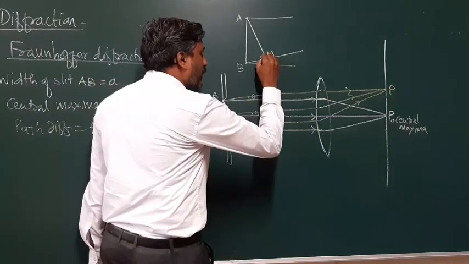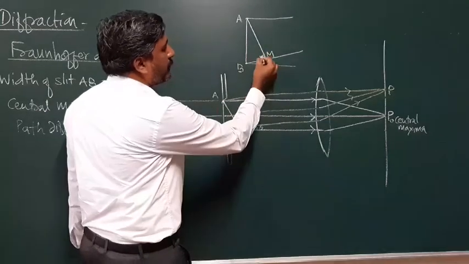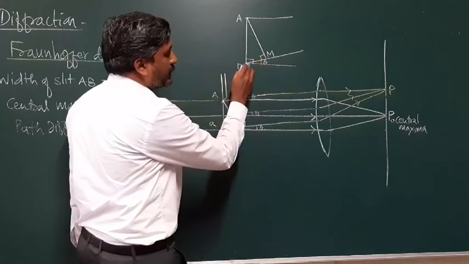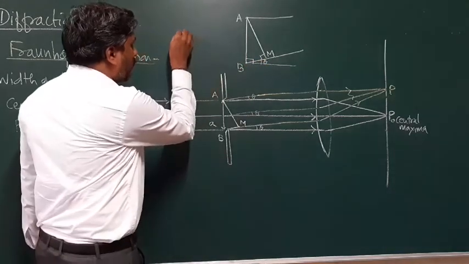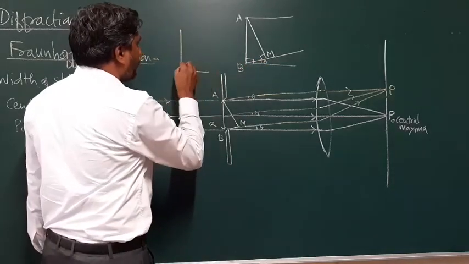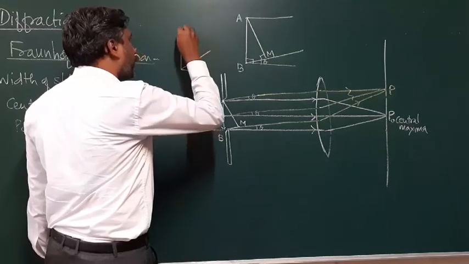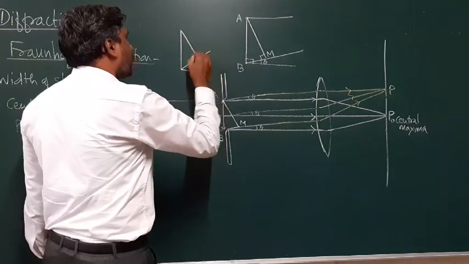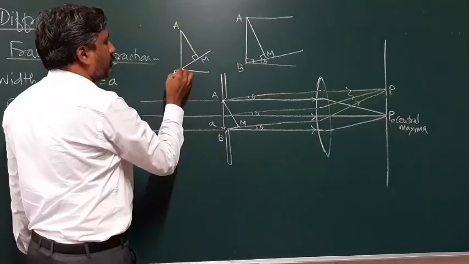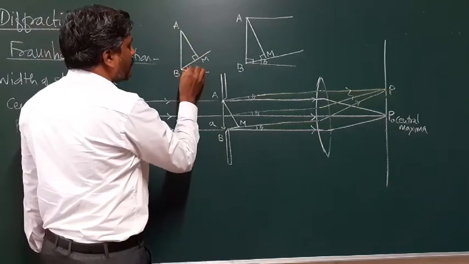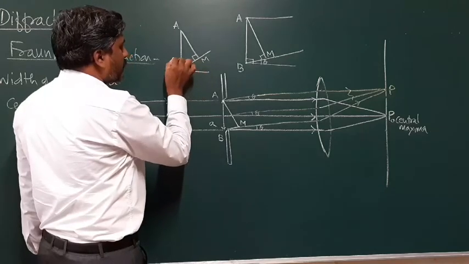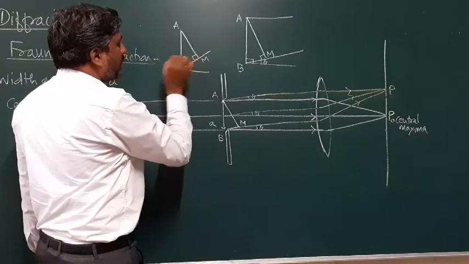So this total angle is also 90 degrees. If it is 90 degrees, this total is also 90 degrees. See very carefully, or I will draw it in this way. This is 90 degrees. This angle is theta. Total angle is 90 degrees. So this is my 90 minus theta.